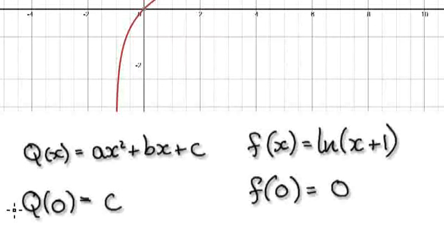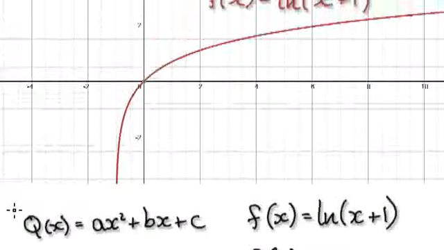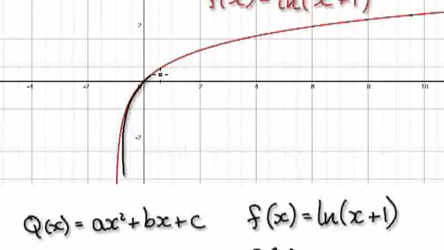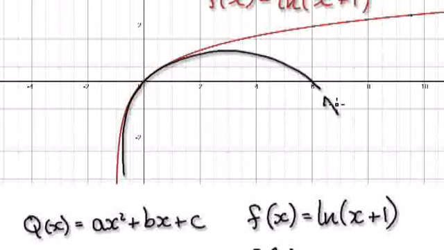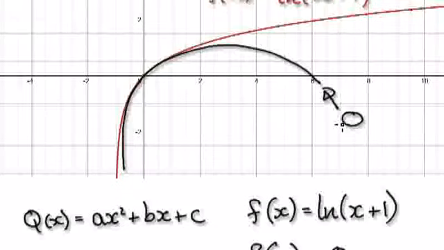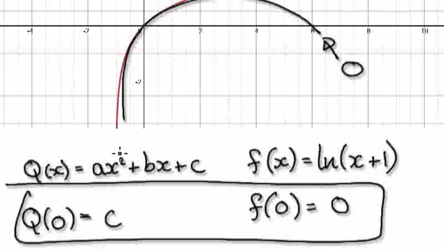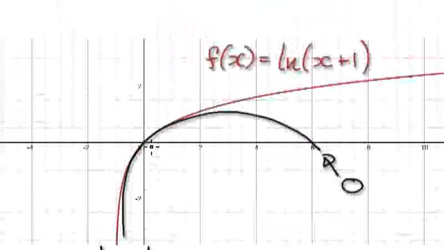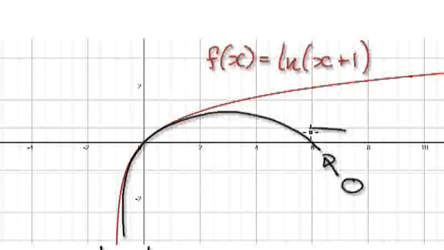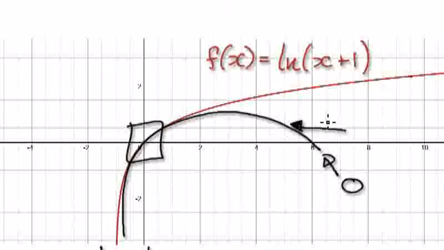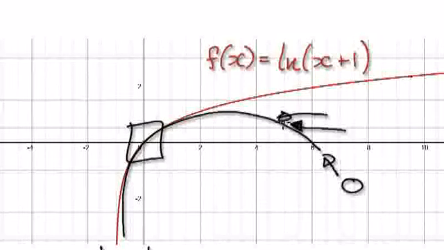Okay, so to do this, we start out with our guess quadratic, and we know that c so far is 0 because of this bit here. Now we've got to find out a and b, and the way we do that is to look at our guess quadratic. Around this region, we want to make sure that the derivative of our guess will be the same as the derivative of the original one.